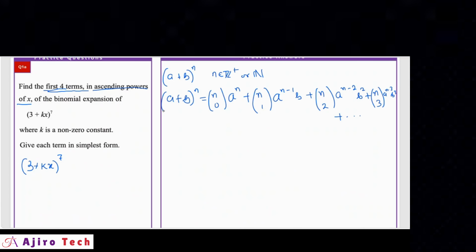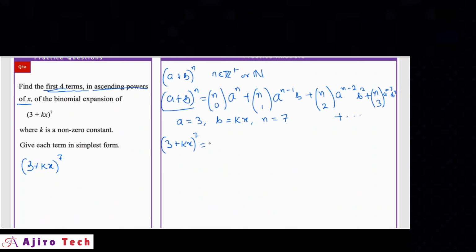If we compare this with what we have, our a is 3 and our b is kx, where our n is 7. So let's plug that in inside the formula. We are to find the first four terms: 3 plus kx to the power of 7.